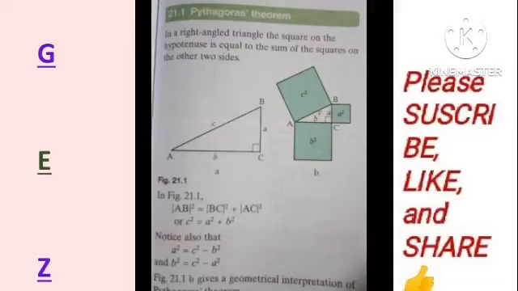So those are the right angled triangles that are formed from these three squares. Now notice also A squared is C squared minus B squared, and B squared is C squared minus A squared. So when we reorder Pythagoras theorem and make each of the sides the subject, we can get any missing side. So in the second diagram, we have a geometric interpretation of Pythagoras' theorem.